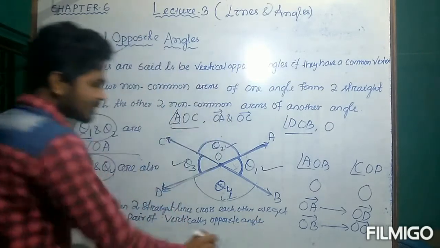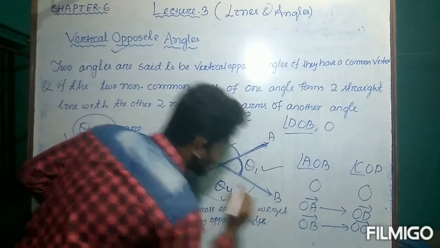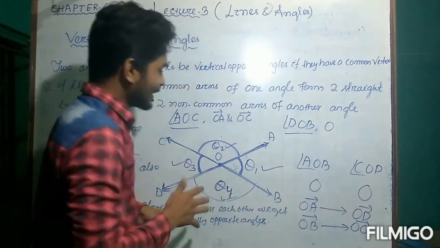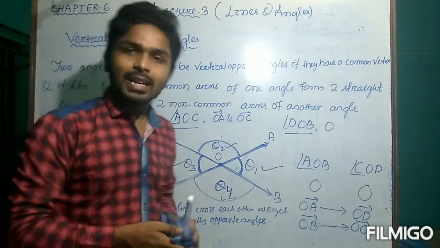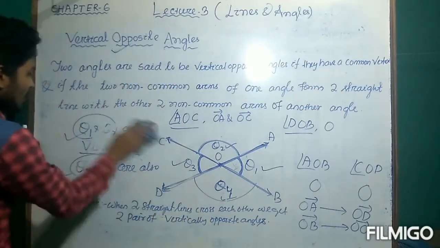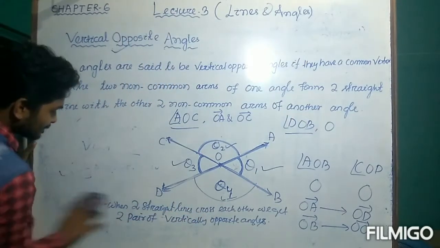This is a simple definition, you can easily remember it. Okay, vertically opposite angles: here theta 1 and theta 3 are vertically opposite, and theta 2 and theta 4 are vertically opposite angles. Okay, now let us take some examples.